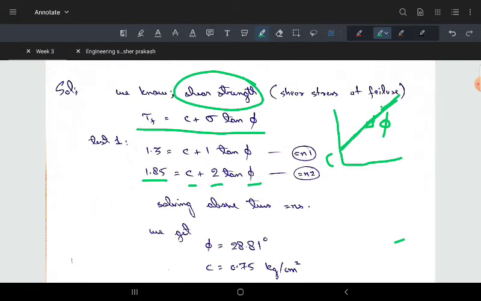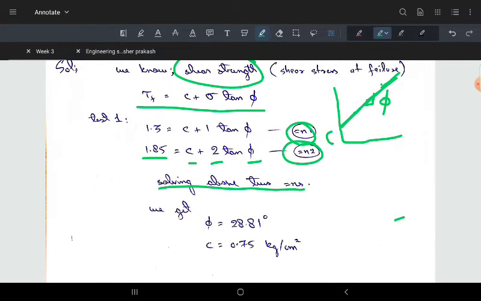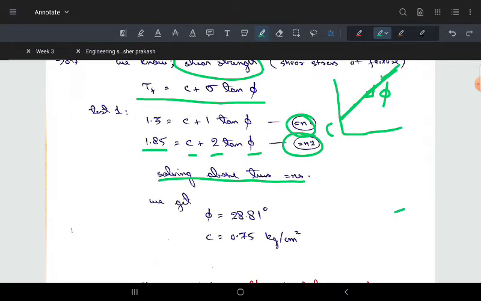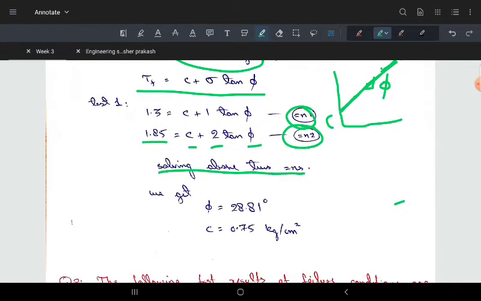So we have two equations, 1 and 2. We can solve these by any method, substitution or elimination. From that we get phi equal to 28.81 degrees and C equal to 0.75 kg per centimeter square.